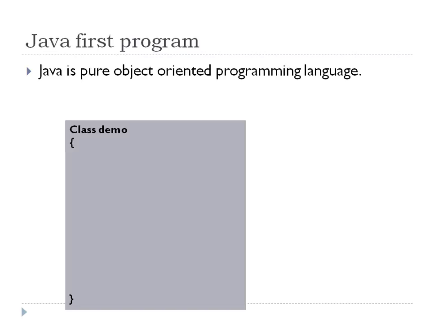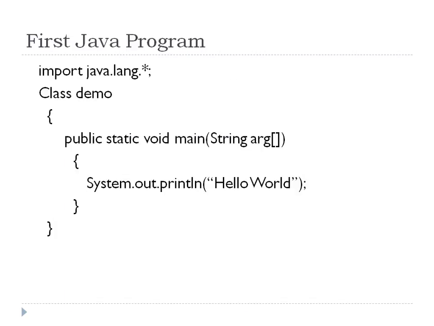Why? Because this is a pure object-oriented programming language. Here I am just giving you a structure: in this class our main function needs to be included, and then we print on screen hello world, so we need to write a print statement. So this is the first Java program.